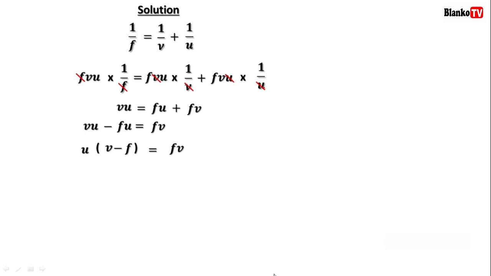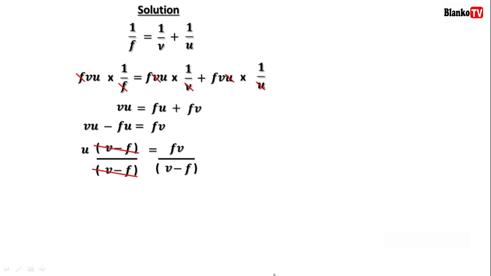So we divide the left hand side by v minus f, then we divide the right hand side also by v minus f. So v minus f will cancel out at the left hand side.